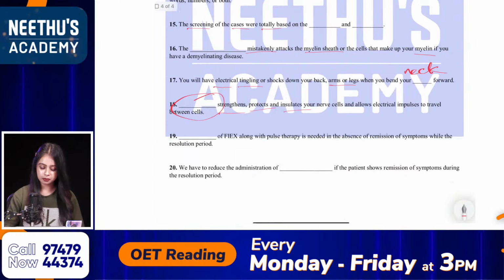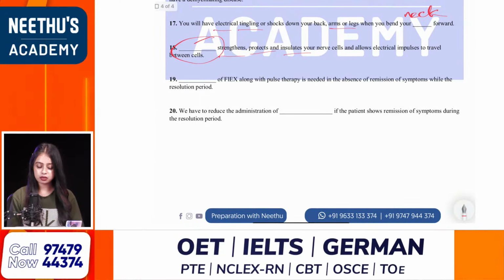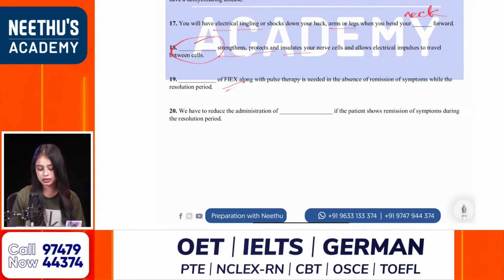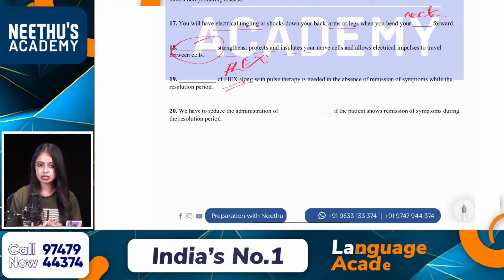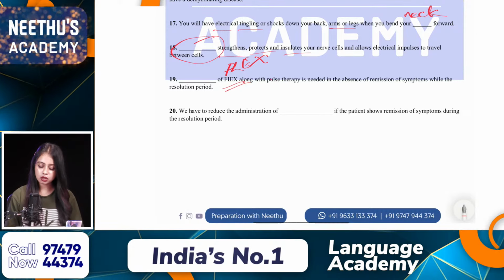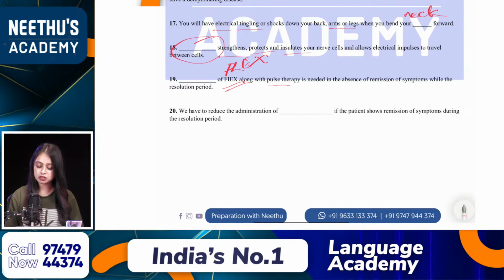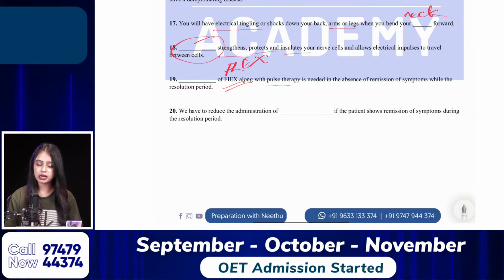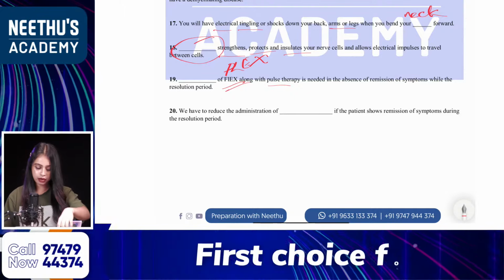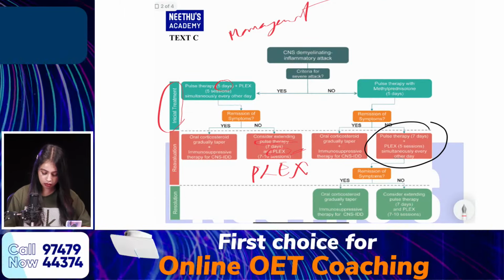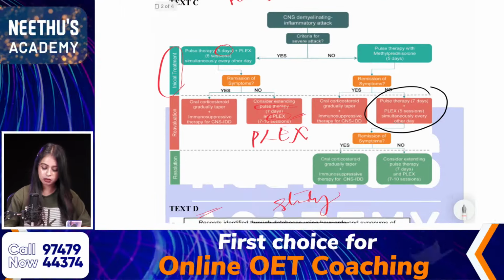And the 19th one: dash of, so there is a small typo, maybe a typing error. It is PLEX. Plex along with pulse therapy is needed in absence of remission of symptoms during the resolution period. The answer is from text C, which is all about resolution.